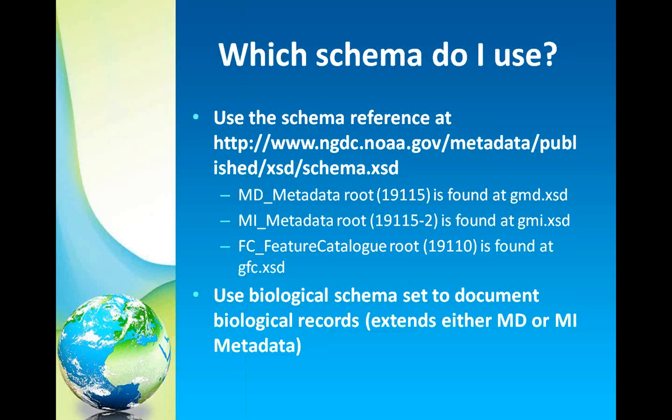The MI_Metadata root is the ISO 19115-2, and you need to apply the GMI XSD. The feature catalog root, FC_FeatureCatalogue, is found at the GFC XSD. And we'll go over where each of those are located. But just know that for the different standards you're validating against, you need to use the proper schema.